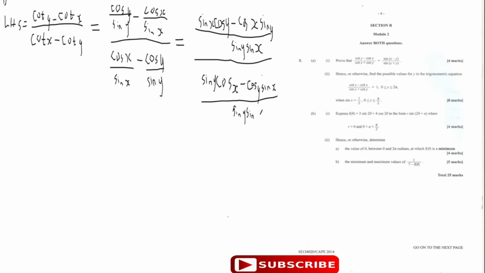All right, nice and easy. So what do I do now? Whenever I have a fraction divided by another fraction, I like to rewrite it another way that is easier to understand. I'm going to rewrite it as sine x cos y minus cos x sine y, and all of this is divided by sine y sine x.